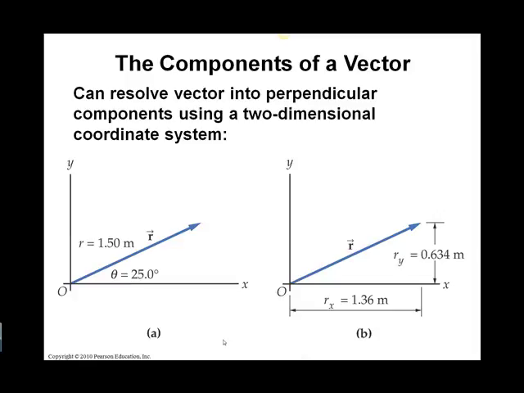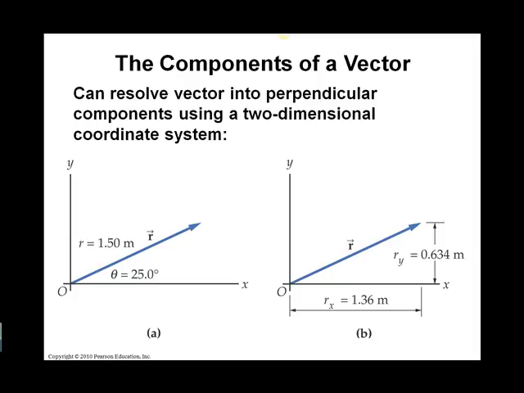If we had a vector of 1.5 meters at an angle of 25 degrees, so that's the magnitude and the direction of the vector, 1.5 times the cosine of 25 would give you 1.36 meters in the x direction, and 1.5 times the sine of 25 would give you 0.634 meters in the y direction.